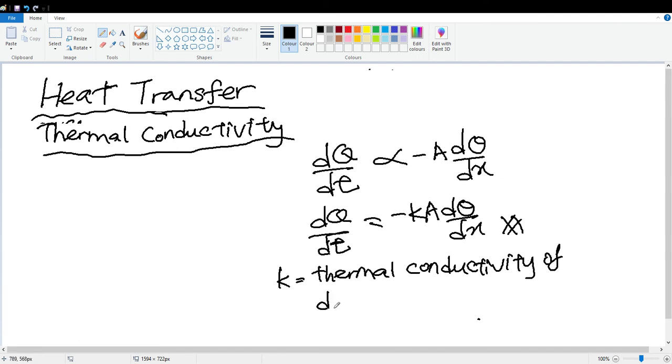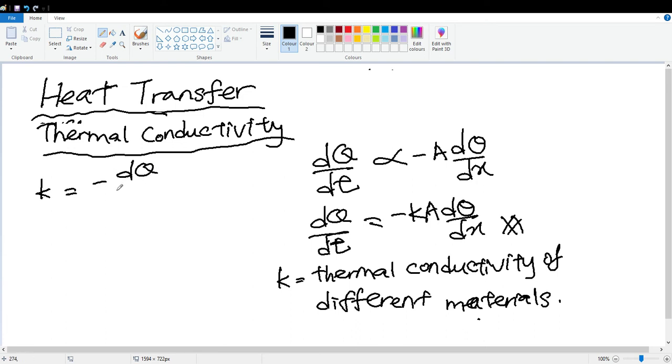This k shows the thermal conductivity of different materials. If copper has its own thermal conductivity and silicon has its own thermal conductivity. From this equation, I can derive the thermal conductivity: k equals negative dQ over dt divided by A d theta over dx.